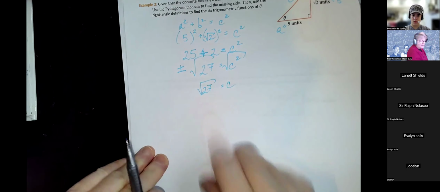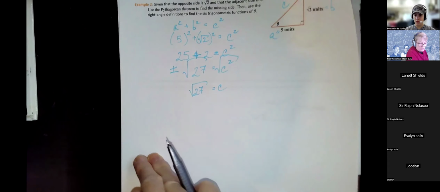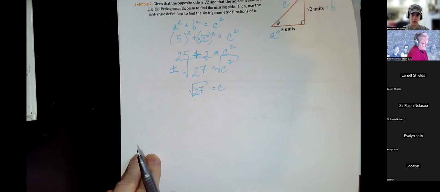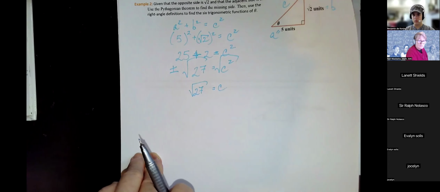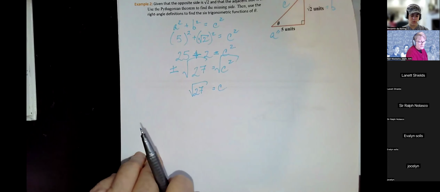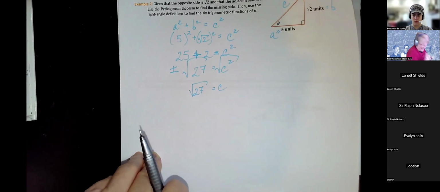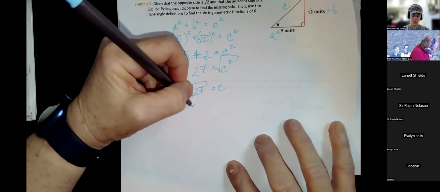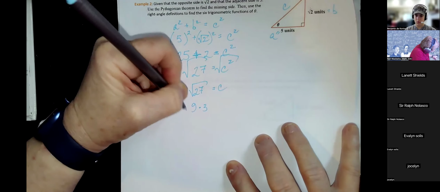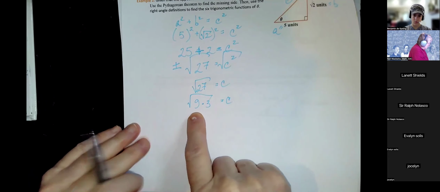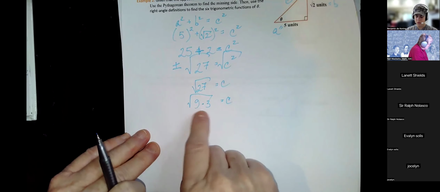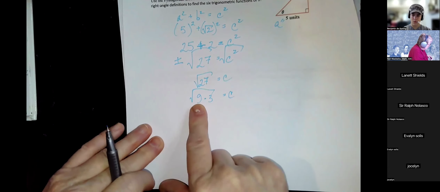But I can simplify this. 27 is equal to what times what? Any two numbers whose product is 27. There's only 9 and 3. 9 and 3. Good, thank you. So we've got 9 times 3 is 27, and that's helpful because one of those factors is a perfect square.